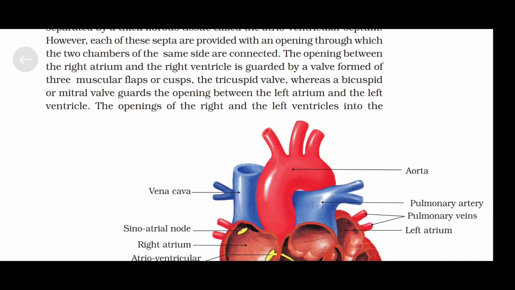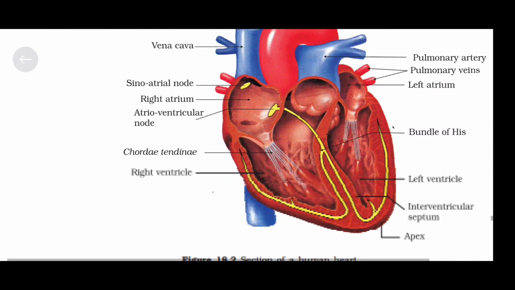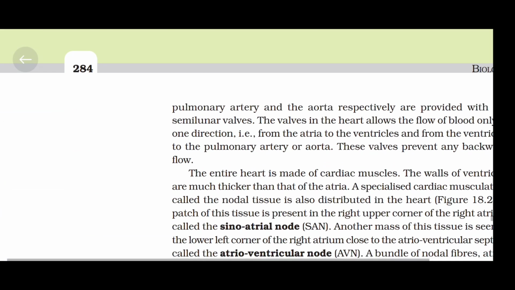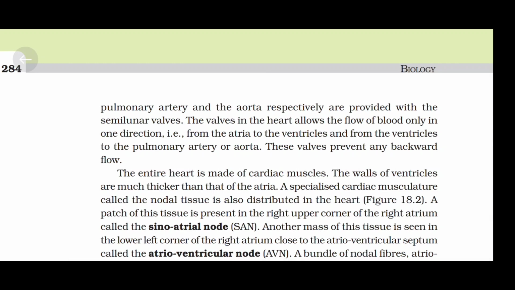The openings of the right and the left ventricles into the pulmonary artery and the aorta respectively are provided with semi-lunar valves. The valves in the heart allow the flow of blood only in one direction, that is from atria to ventricles and from the ventricles to the pulmonary artery or aorta. These valves prevent any backward flow.